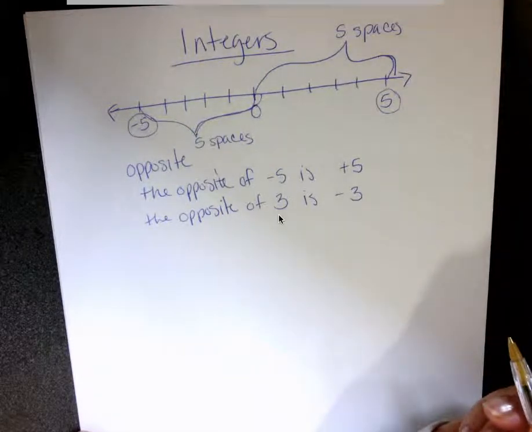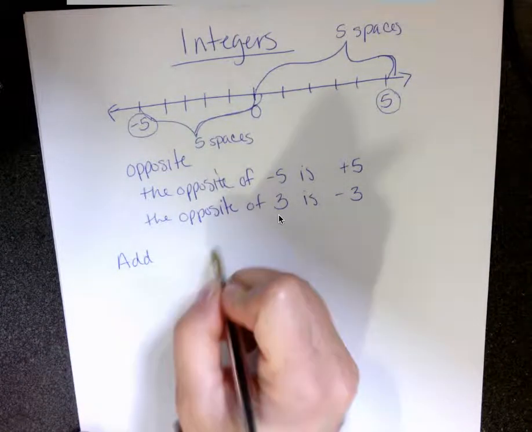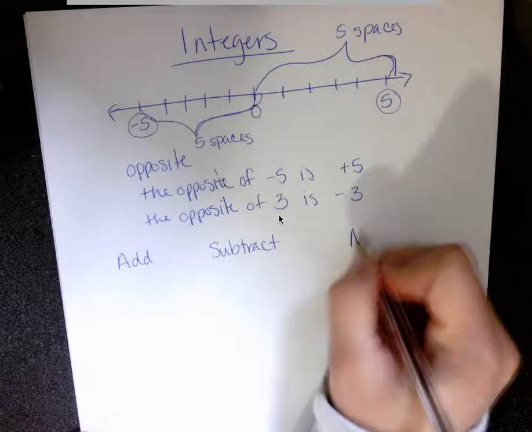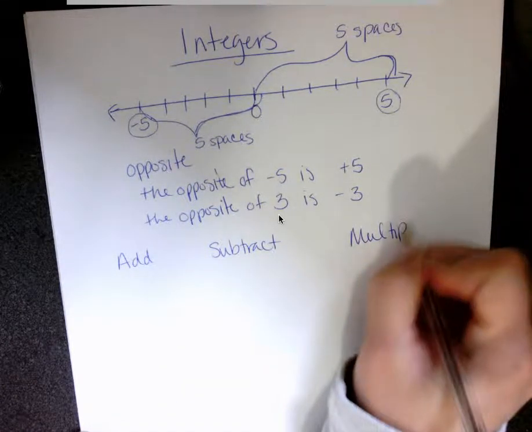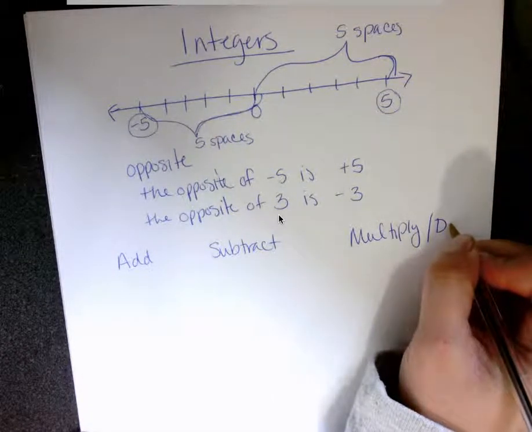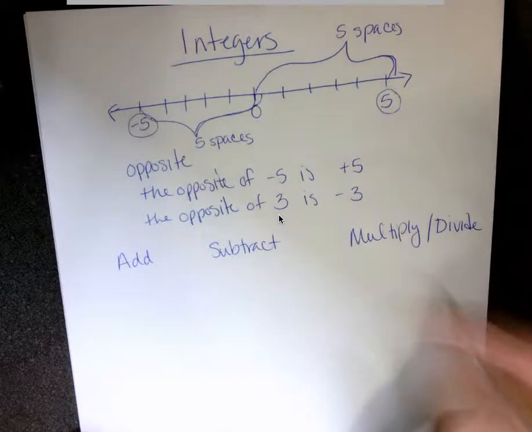So when we have integers, we can add them, and we can subtract them, and we could multiply or divide them. And there's rules that are different for all of these. Multiply and divide have the same rules, but adding and subtracting do not.